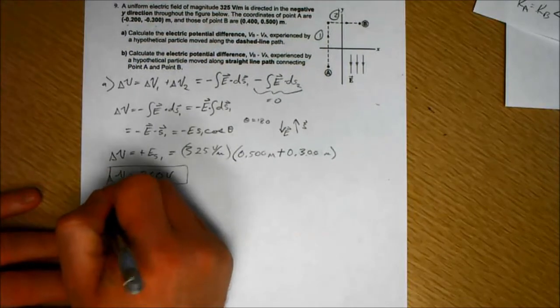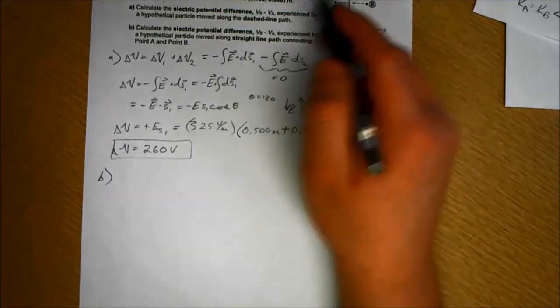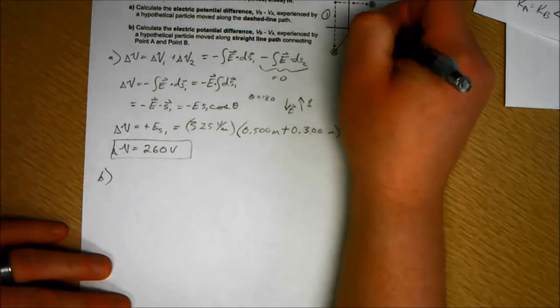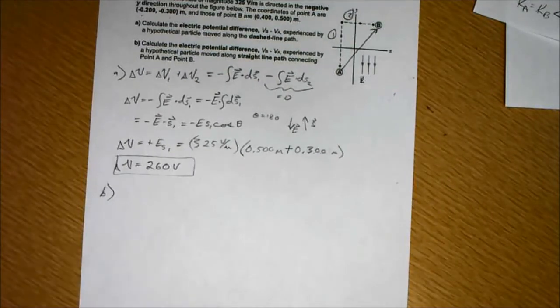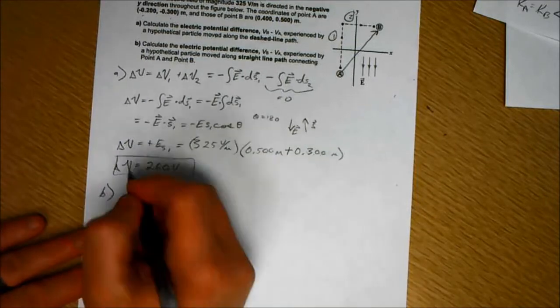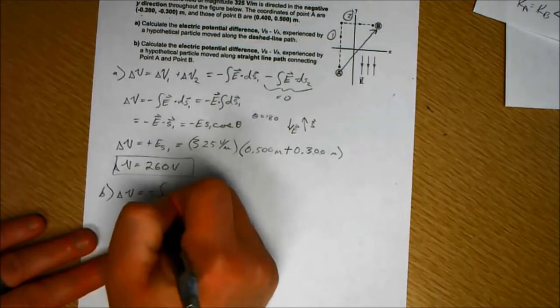Part B, let's calculate the electric potential difference from B to A using a straight line path going in that direction. Well, we could just use an argument about path independence and say it's going to be 260 volts, but let's work it out and see what it is. We know it's going to come to the same answer, but let's just prove it.